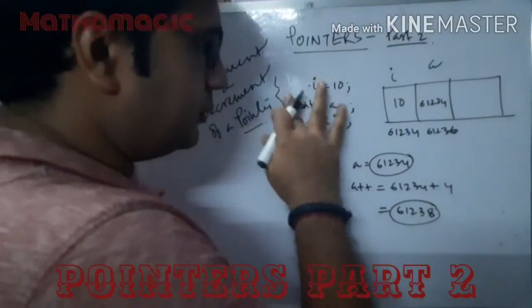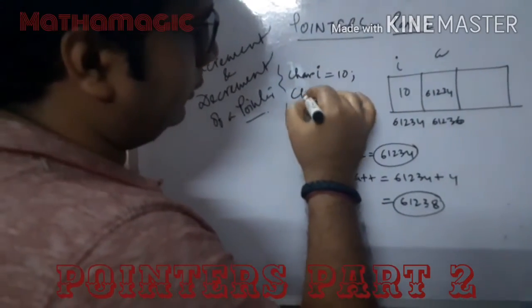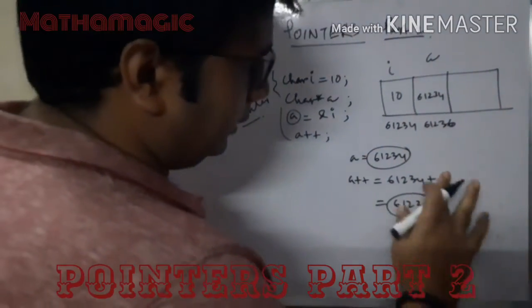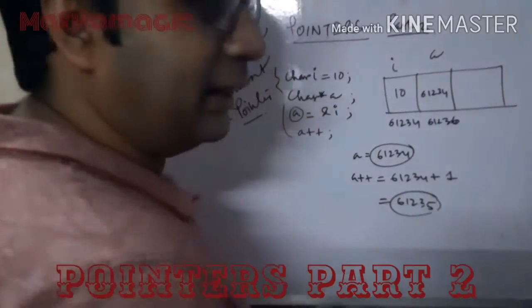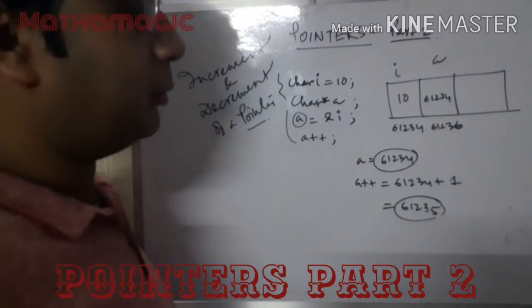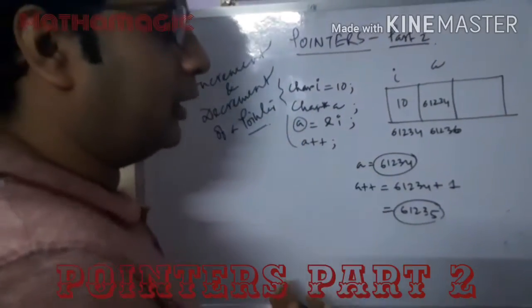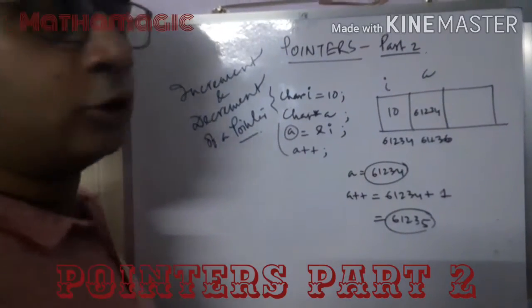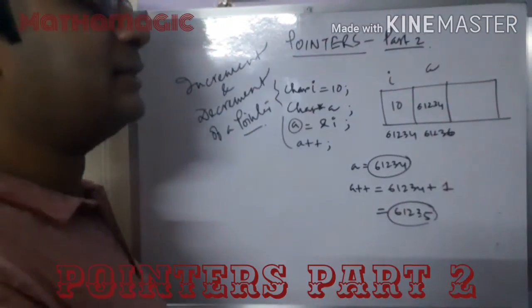Whereas if we use a character variable, that is char, then whenever we introduce the increment, it will be incremented by 1 only, because we know that it holds only 1 byte in the memory location. So this is how it works. The same thing will be followed for decrement also. Now here we can do post increment or pre increment. The logic remains the same.